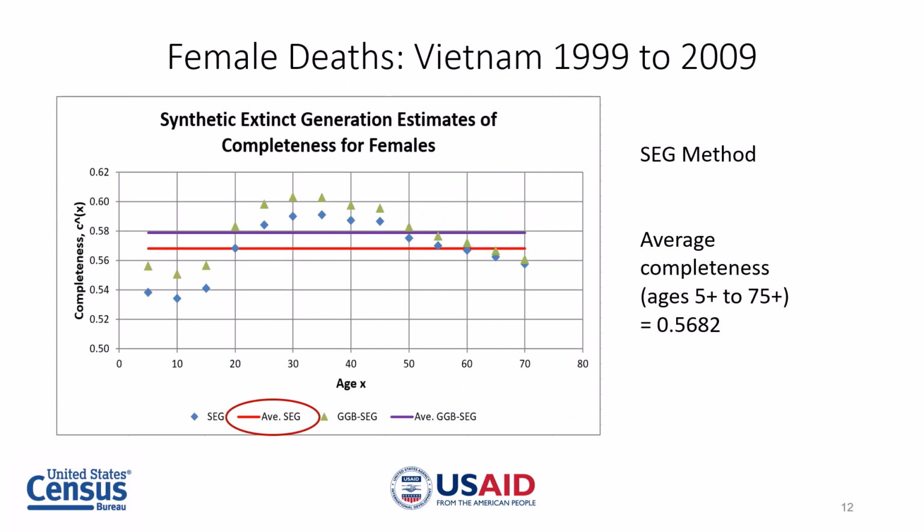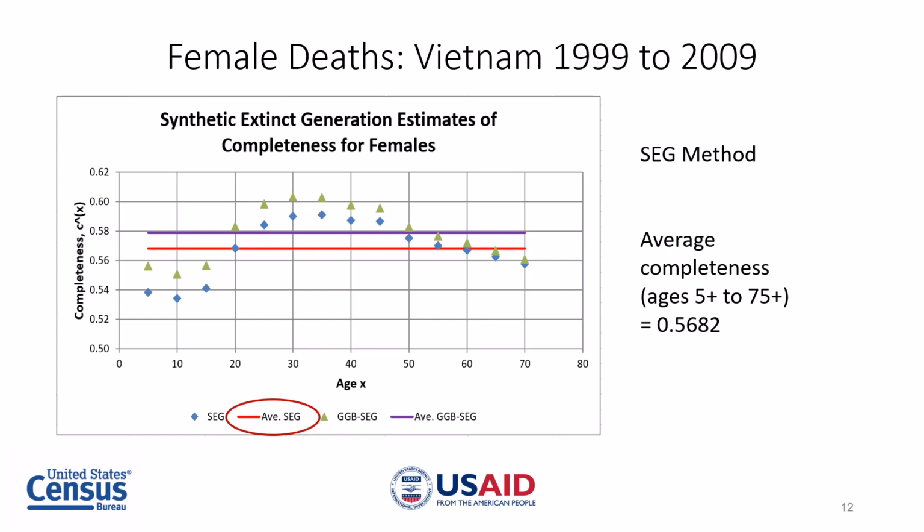Please identify the blue markers, which show age-specific completeness, and the red line, which shows the average completeness relative to census coverage estimated using the synthetic extinct generations method. Since the completeness is assumed constant at all ages, the blue points should align horizontally to the average rate of completeness.